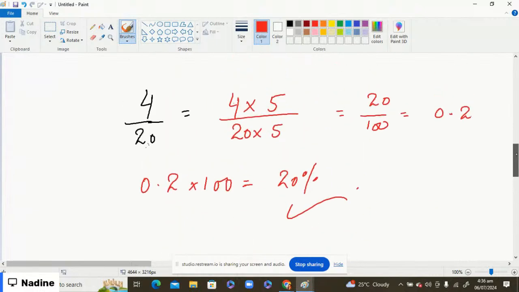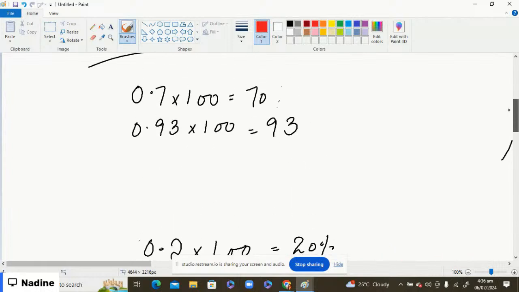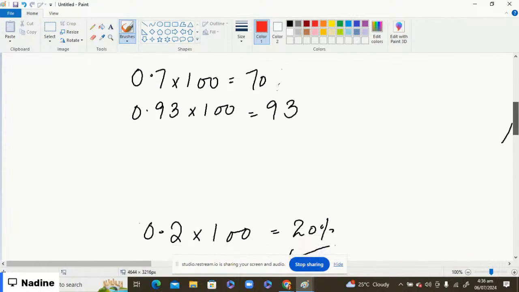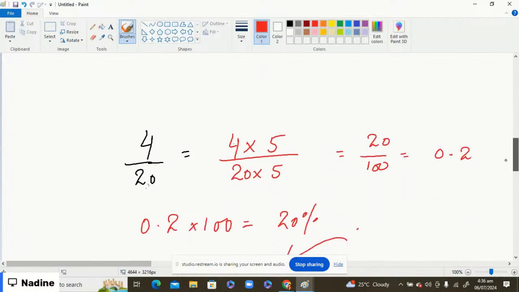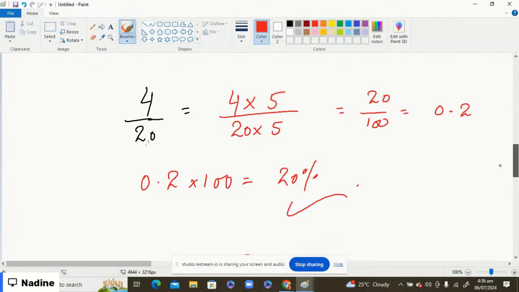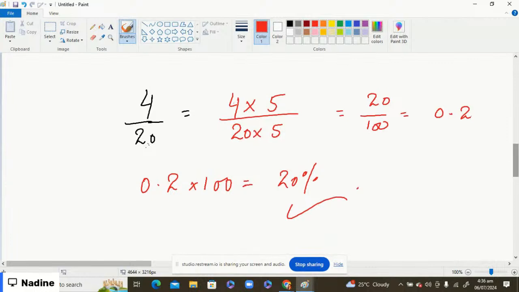so now these are basically the three cases. If you have a decimal, in the form of points, then you simply multiply with 100. But if you have a number in the form of a fraction, you make the denominator equal to 100, then you divide it, and in the end you multiply with 100.